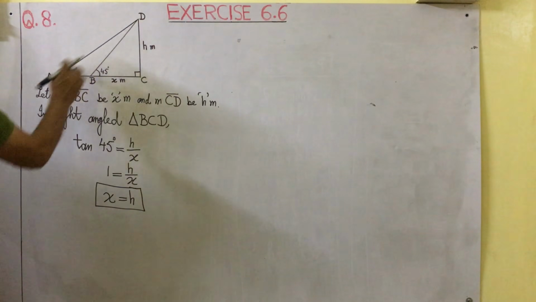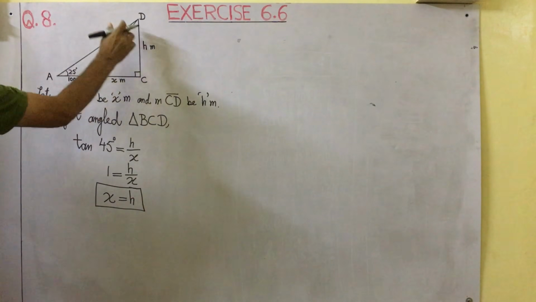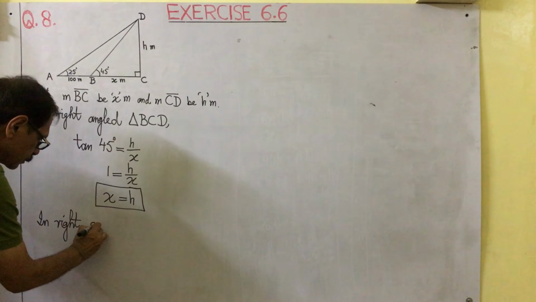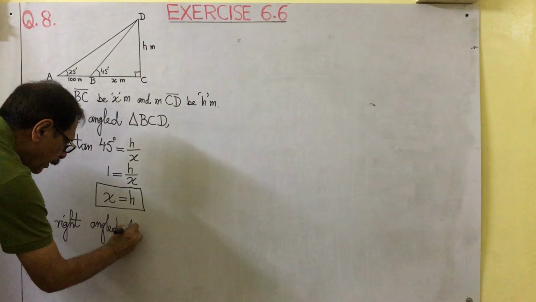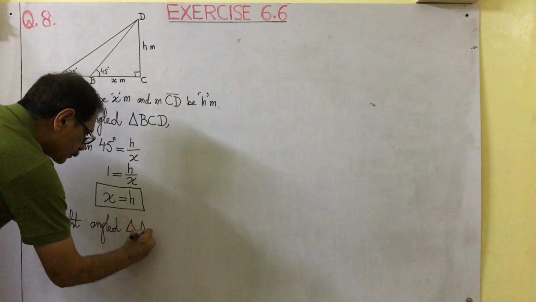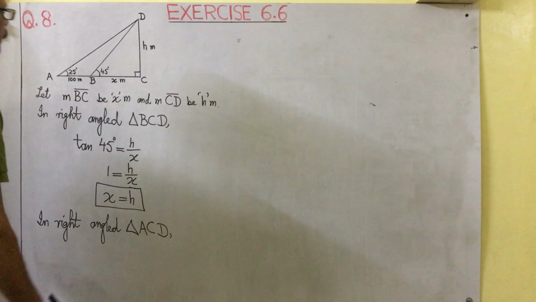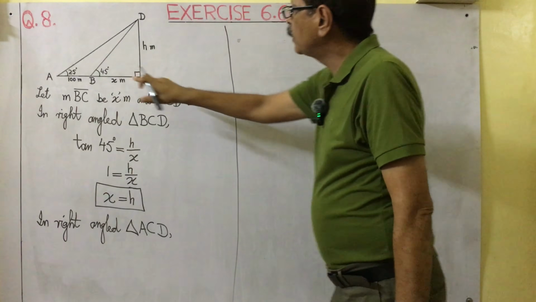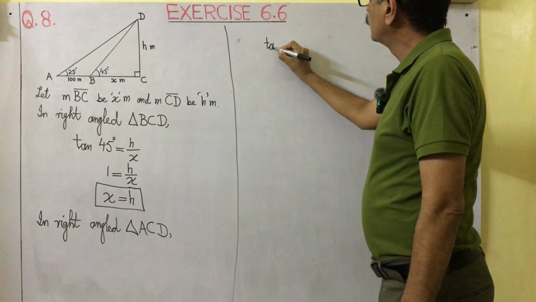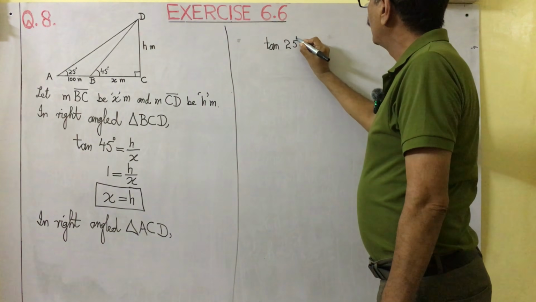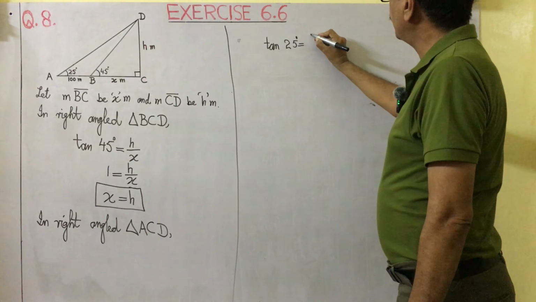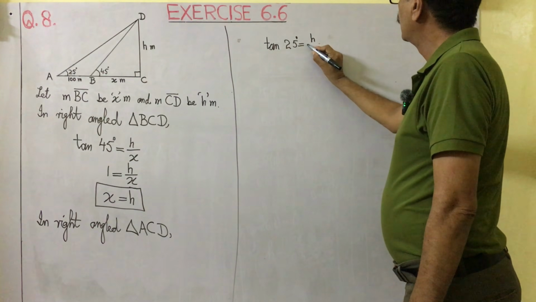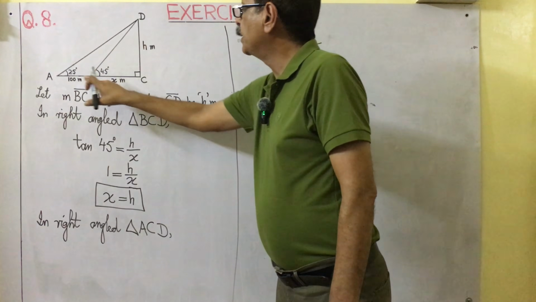In right angle triangle ACD, again in right angle triangle ACD, tangent of 25 degrees is equal to perpendicular, which is h, over base, AC.